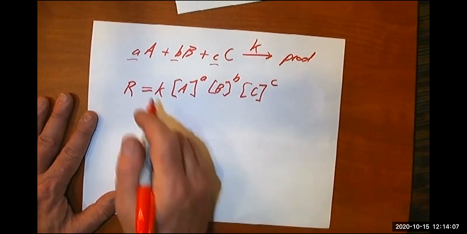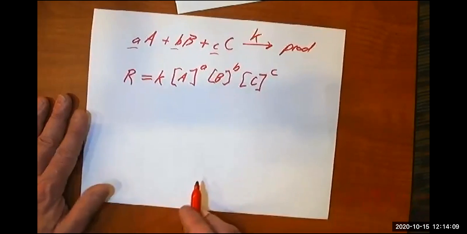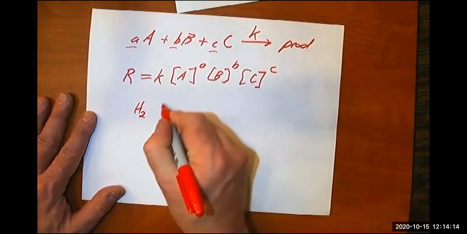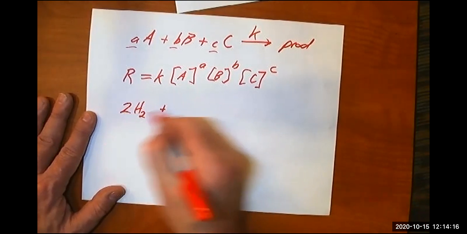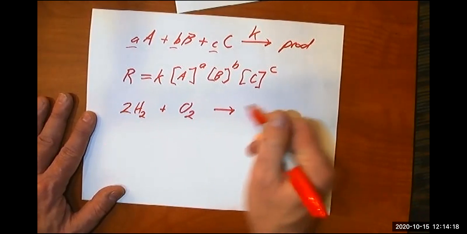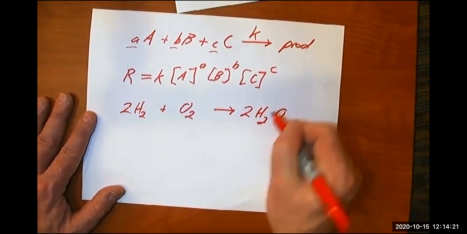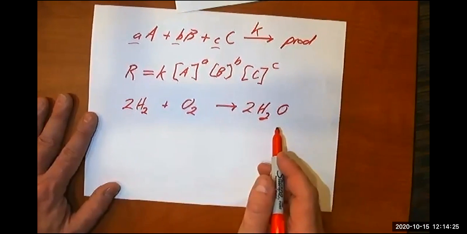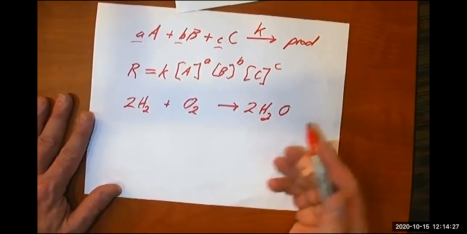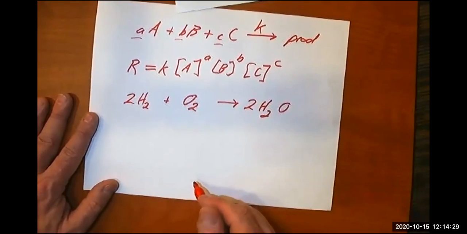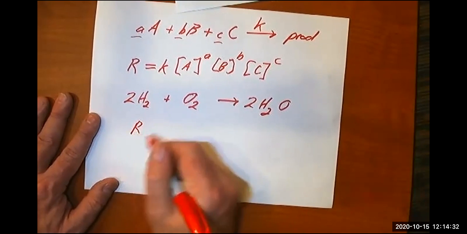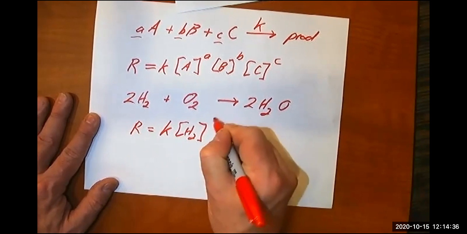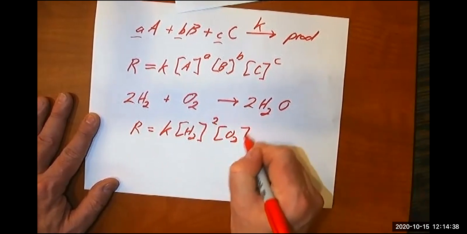So if I wrote down 2H2 plus O2 yields 2H2O, and we knew this was an elementary reaction, which it's not, but if you were told that it was, you would immediately write down that the rate law was k[H2]^2[O2].